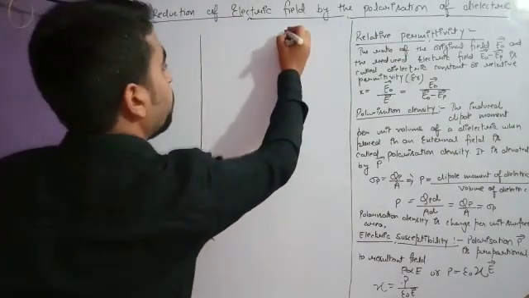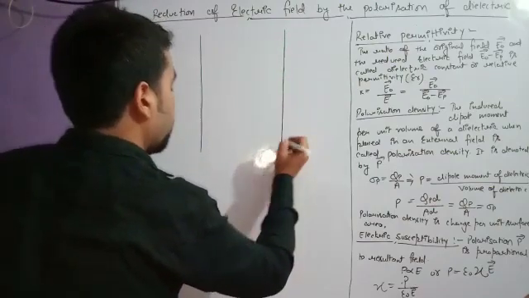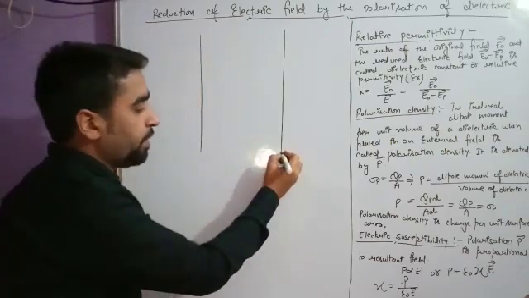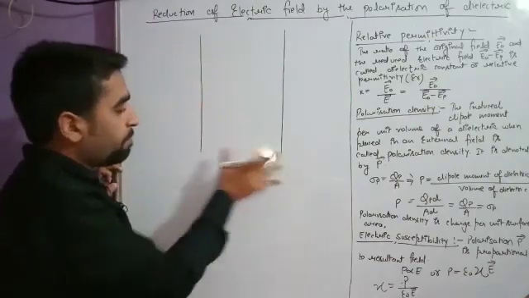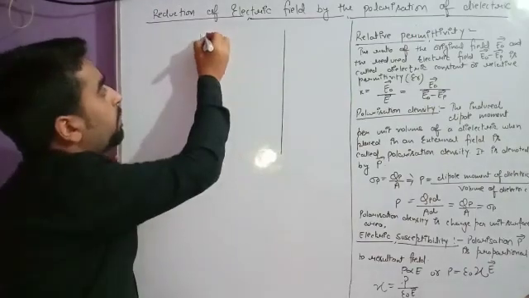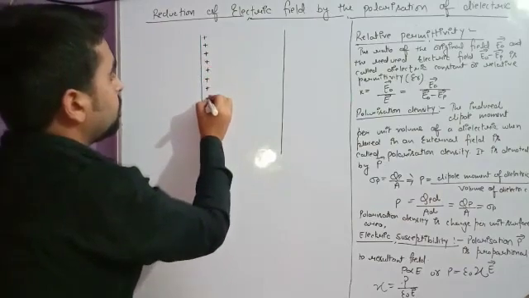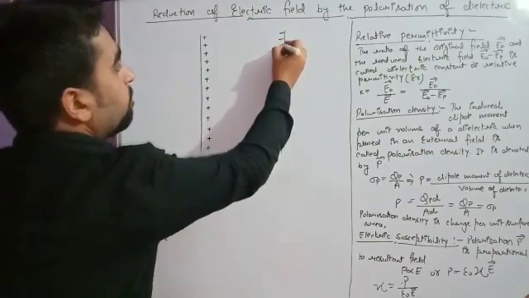Suppose I have a capacitor, and we have applied a certain external field. When we apply the potential difference, this plate of the capacitor is, suppose, positively charged and this plate of the capacitor is negatively charged.